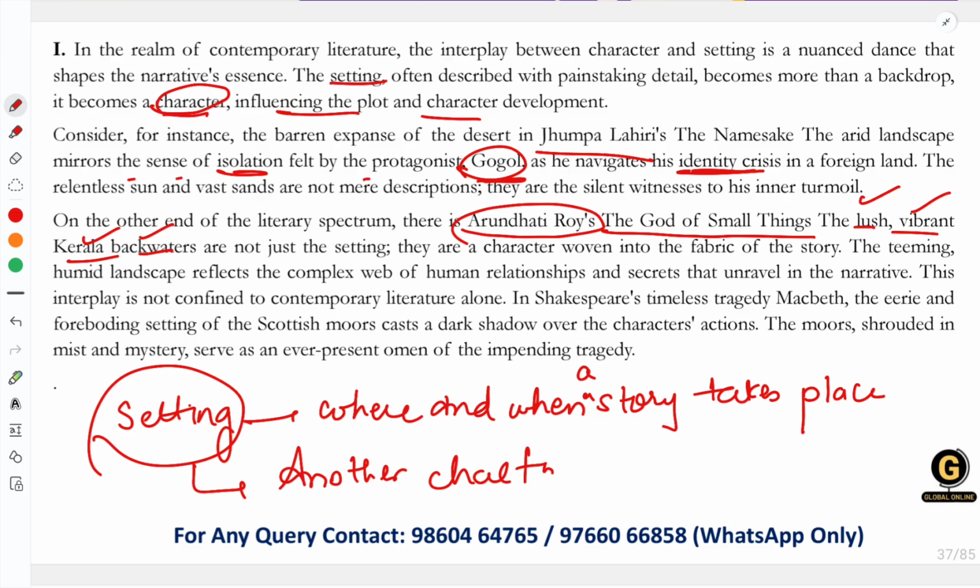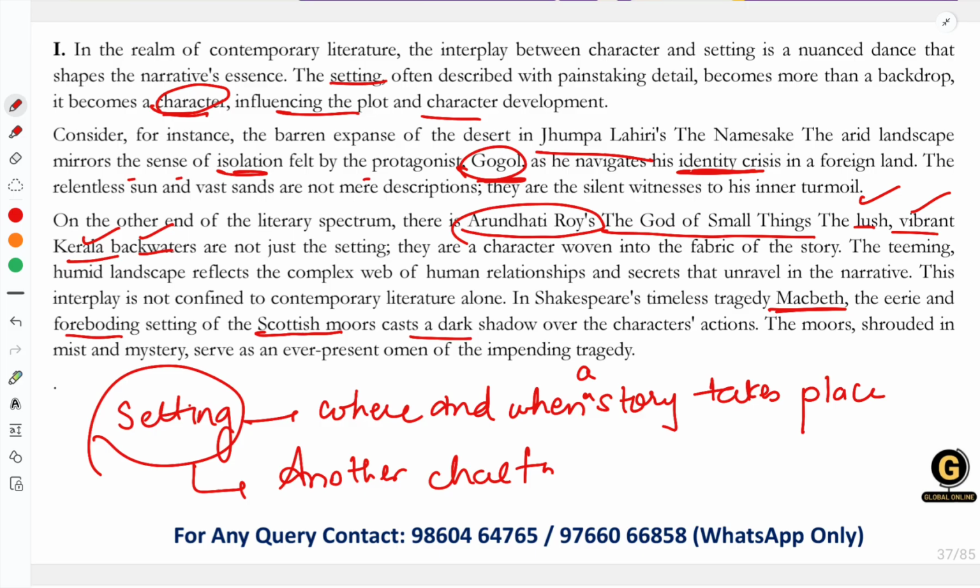The third example that the author has given here is of Macbeth. The author gives Shakespeare's Macbeth. The Scottish moor creates a dark, eerie and foreboding setting. Foreboding means giving a feeling that something bad is going to happen in the future. That particular feeling is foreboding.